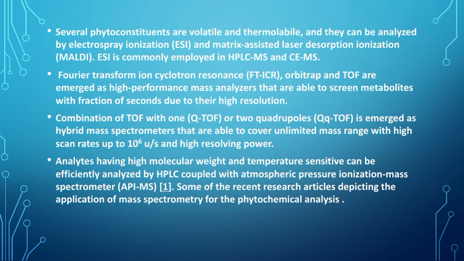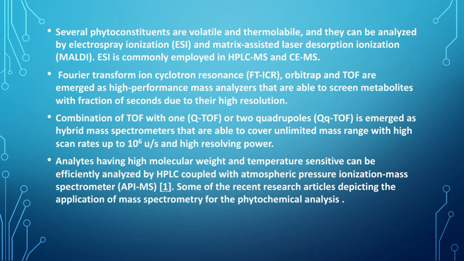They can be analyzed by electrospray ionization or matrix assisted laser desorption ionization, MALDI. ESI is commonly employed in HPLC-MS and CE-MS. Electrospray ionization and matrix assisted laser desorption ionization are also used in this process.